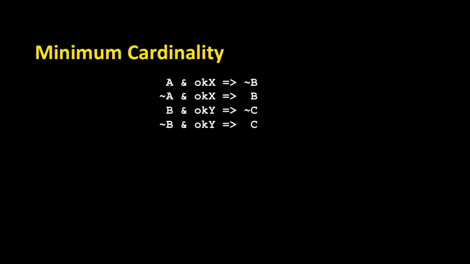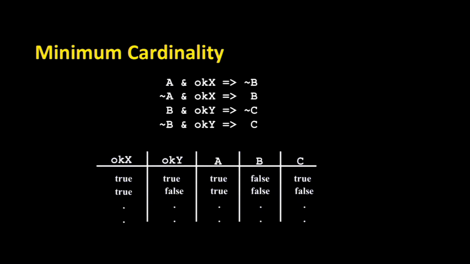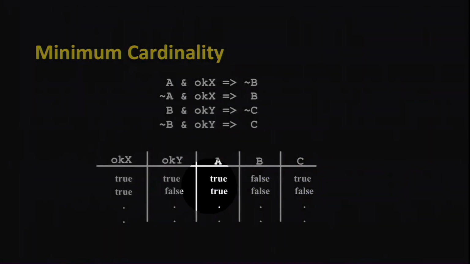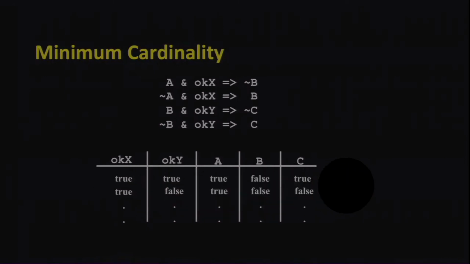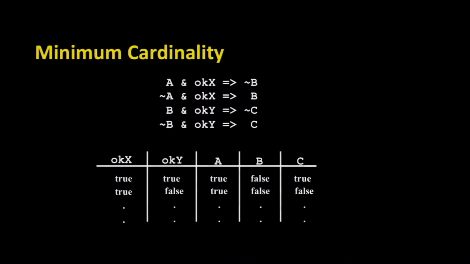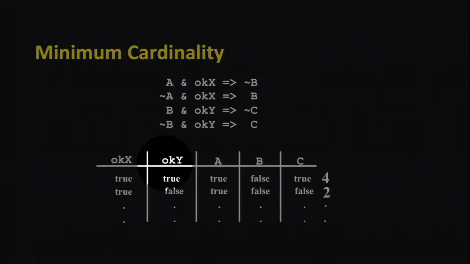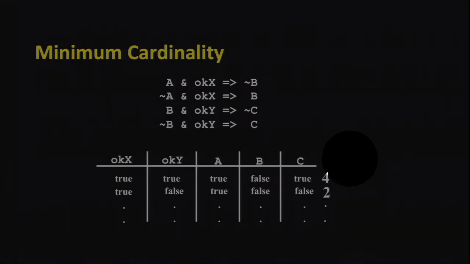So if you have a theory like this, a propositional sentence, and you look at its models, right? The variable instantiations that will make it true. Then you can talk about the cardinality of one of these models, which is, in this case, we're going to count how many variables are true. So if you look at the first guy, 4 of them are true, correct?